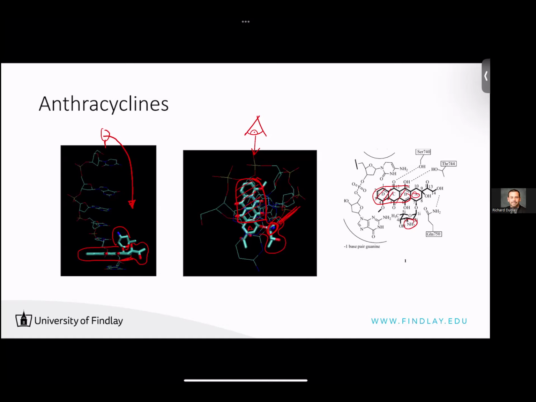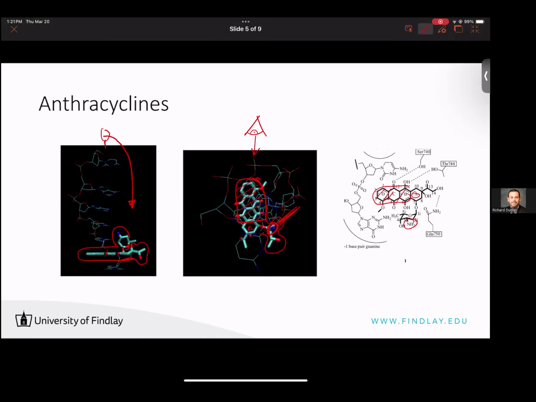And together, that's going to lead to an increased affinity of the drug for the DNA. And then when the DNA has been cut by topoisomerase, that essentially creates the binding site for doxorubicin and other anthracyclines with regard to the inhibition of topoisomerase 2.